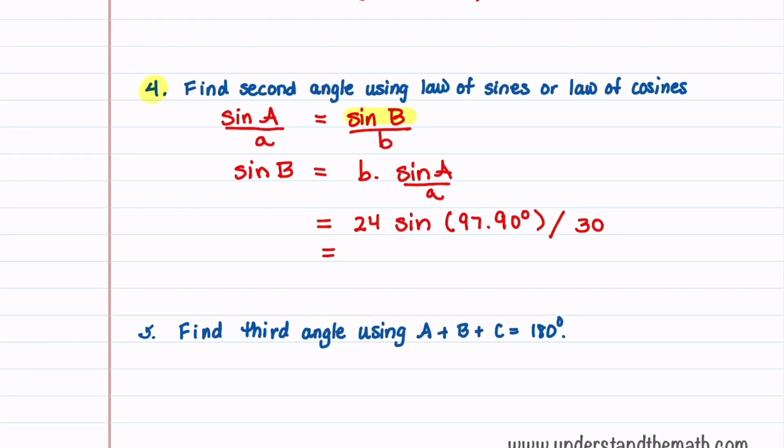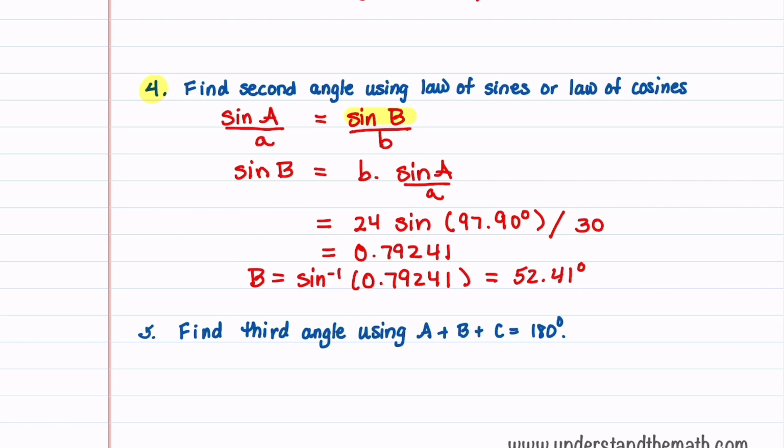This is equal to 0.79241. So B is inverse sine of this value. And this is equal to 52.41 degrees.